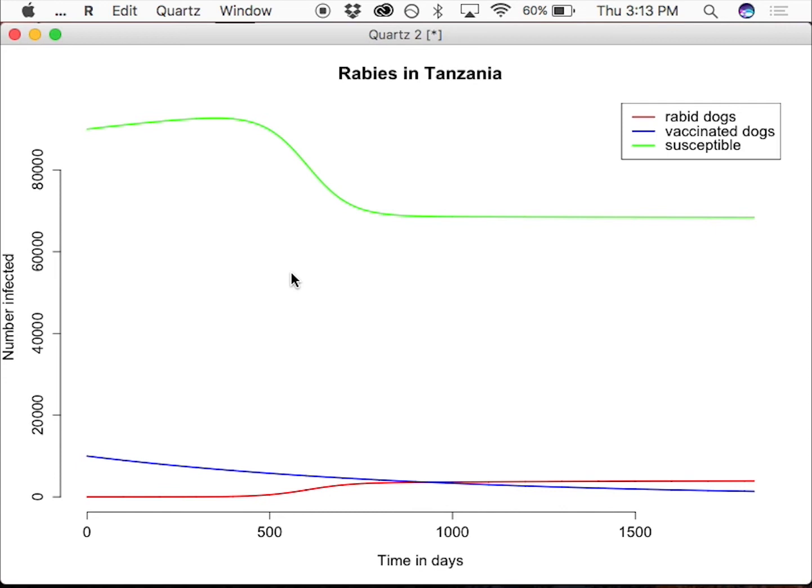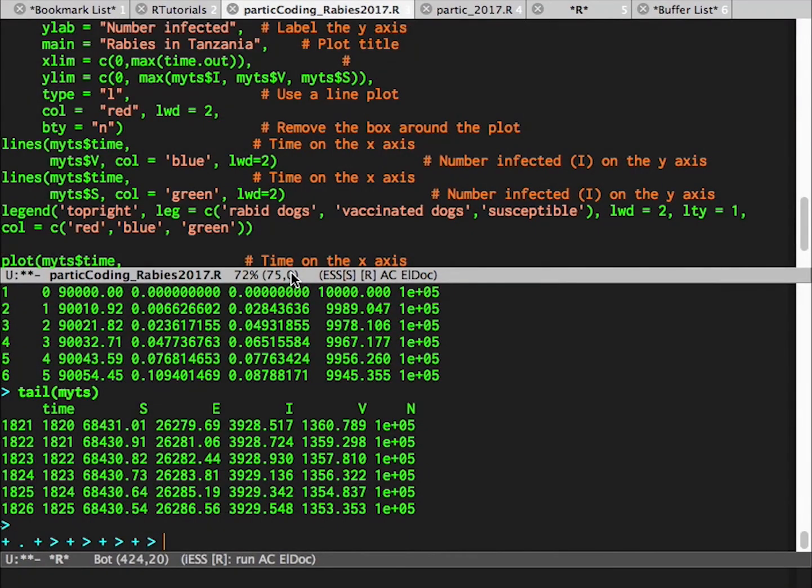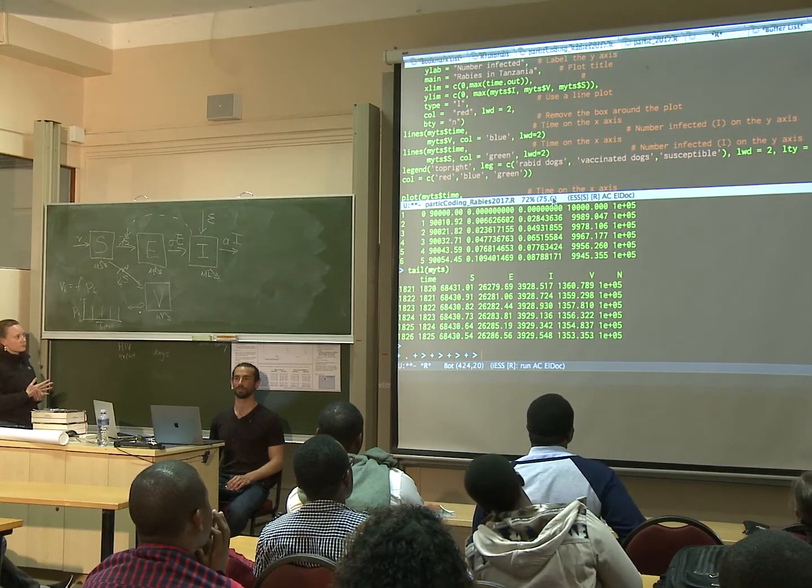So the susceptible declines because there's an outbreak. If we don't vaccinate, we wind up with something like about 4,000 dogs out of 1 million that are rabid at equilibrium.